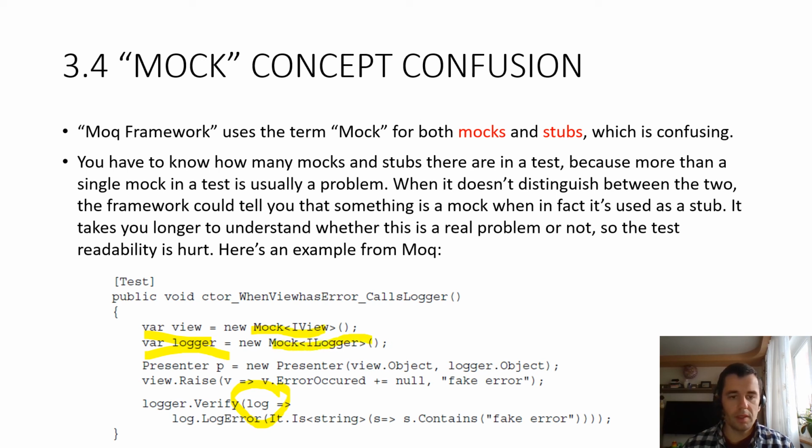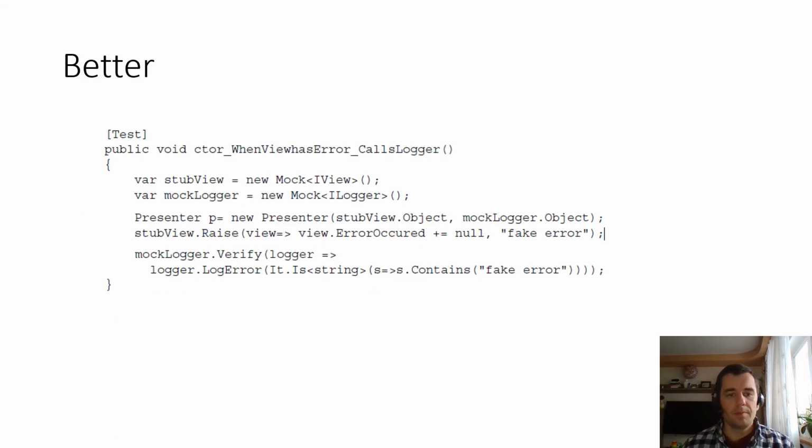So here clearly the log is a mock because we assert against it, and the view is a stub because it's just a placeholder. Better, as we said, we can name it differently. So here we can have a stub view, and here we have a mock logger, because this is actually the mock where we assert against it.